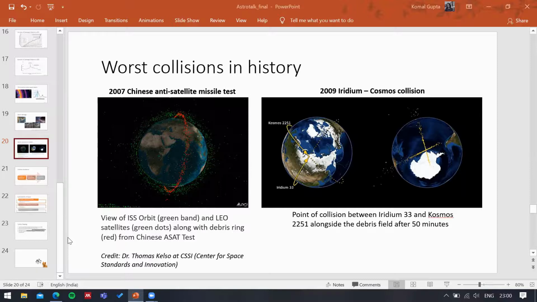So yeah, the debris has in fact caused problems for different missions, and space shuttle windows, for example, have had to be replaced because of debris.